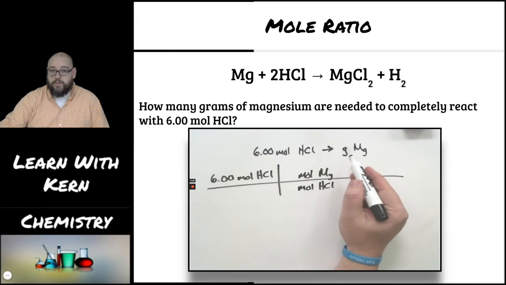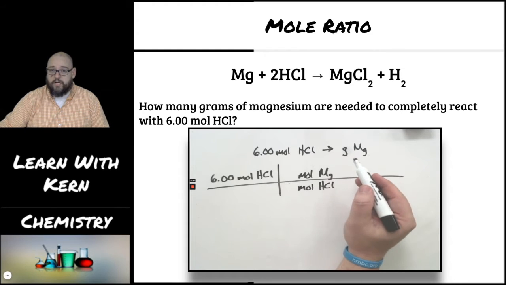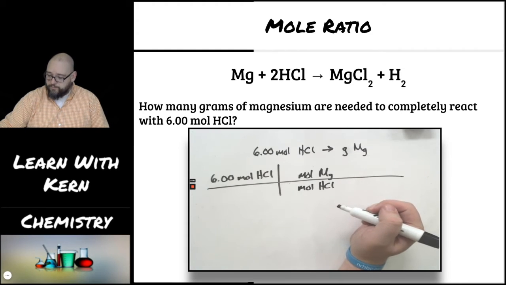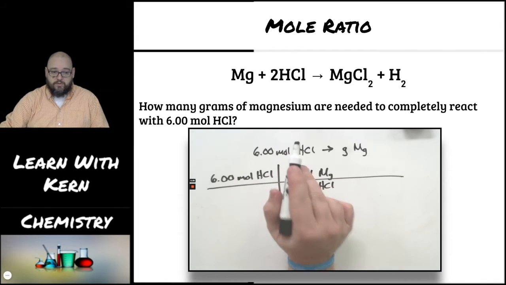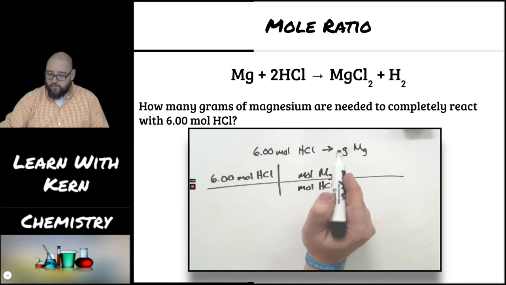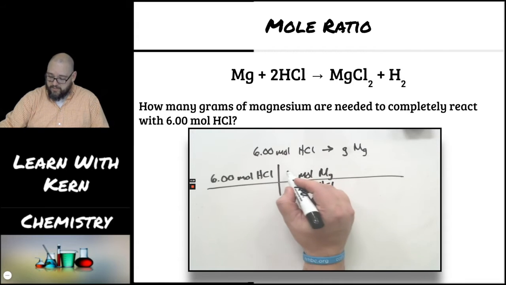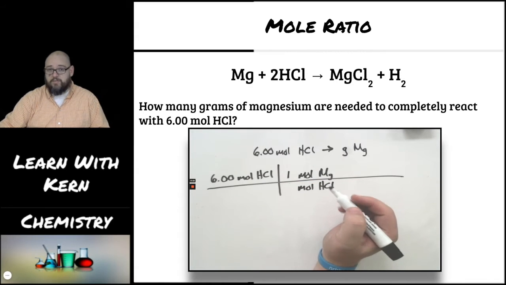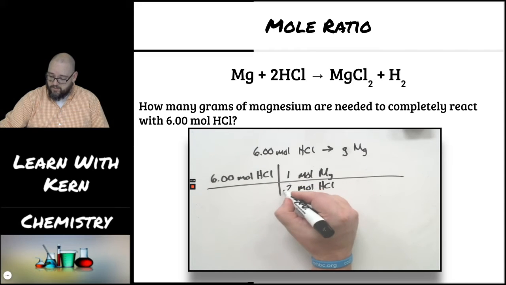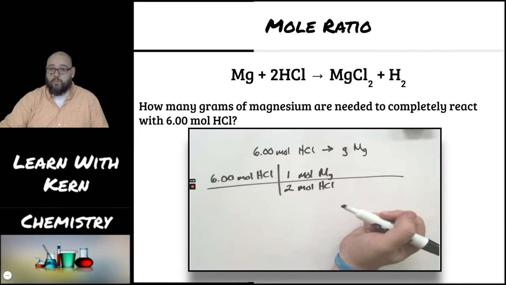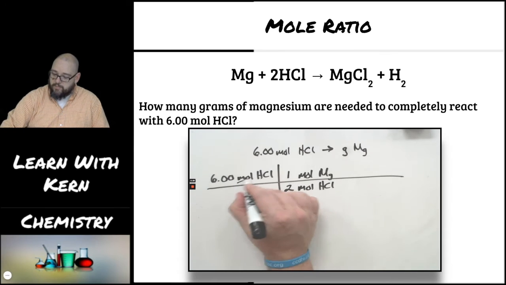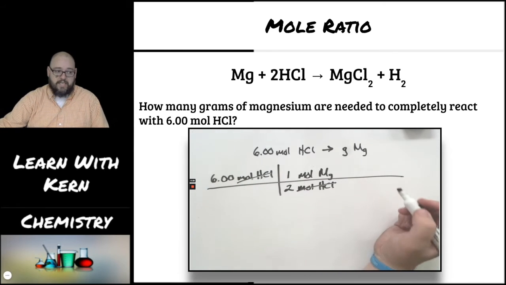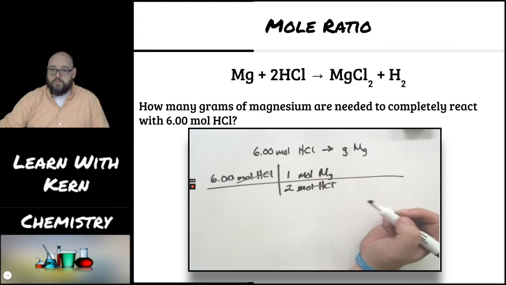So we have to make sure that we have our mole ratio set up correctly. Now, the numbers that go here come from my balanced chemical equation. You'll notice that the coefficient of magnesium is a 1 and the coefficient of hydrochloric acid is 2. So now it's not a 1-to-1 ratio, it's a 1-to-2 ratio. But you'll see that my moles of HCl are going to cancel out. And now I have moles of magnesium.